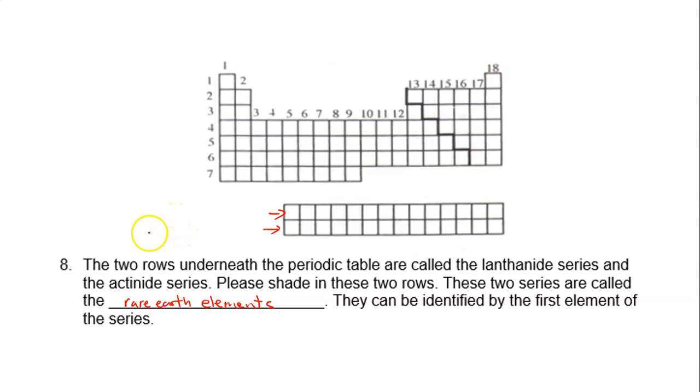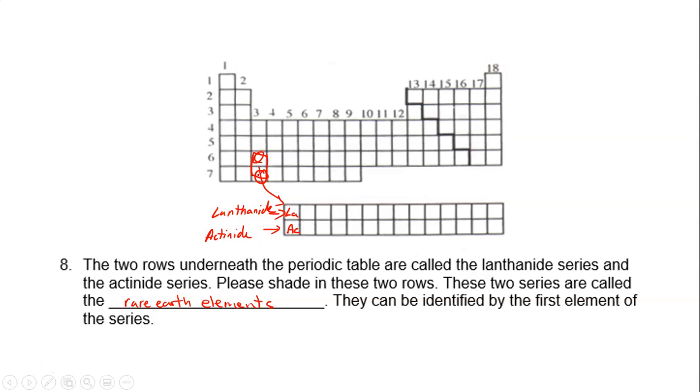We've got the lanthanide series, because the first one is lanthanum, sometimes put right here. And we've got the actinide series. Again, sometimes put here. Sometimes you'll see these two pieces left off and put into here. Sometimes they're sitting right there.